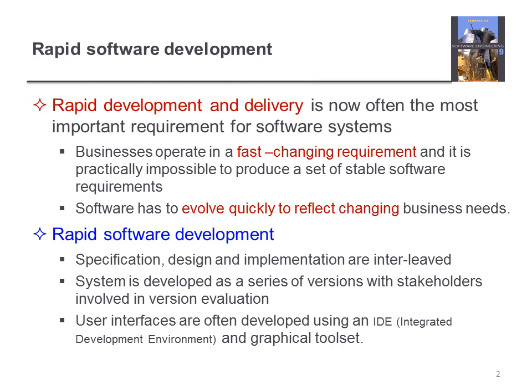And what does rapid software development mean? It means that specification, design, and implementation, which are software processes, are interleaved. In other words, these processes could happen all together. And the system is developed as a series of versions with the stakeholders involved in version evaluation.